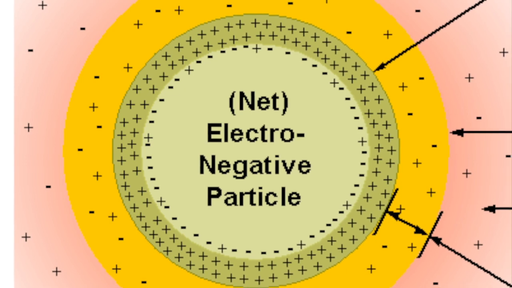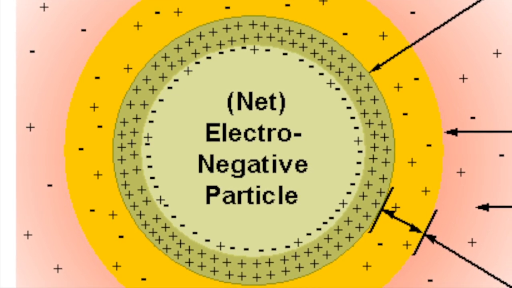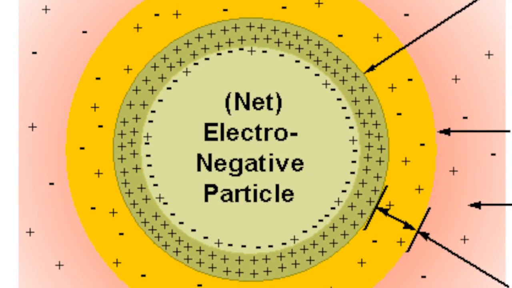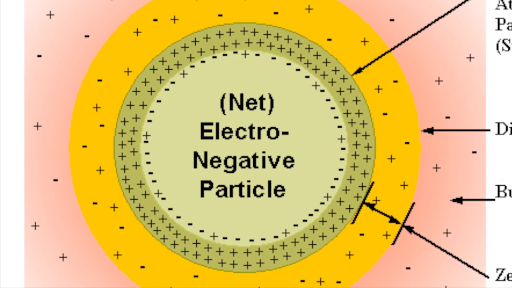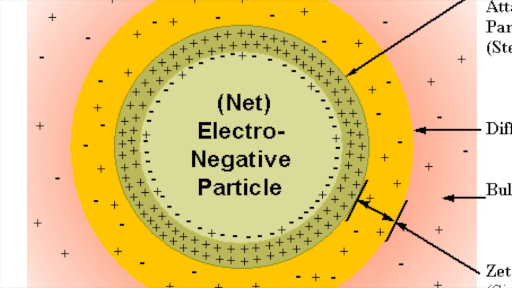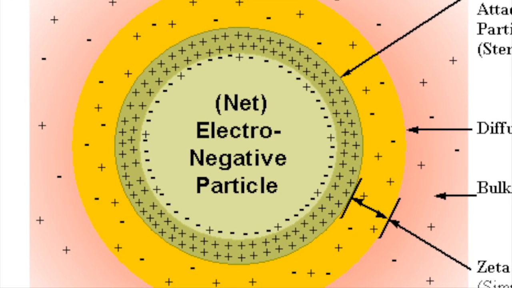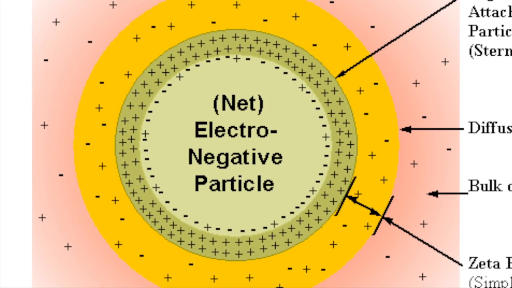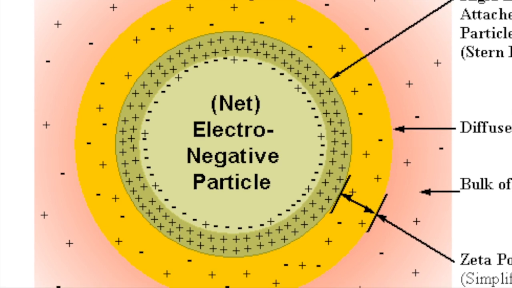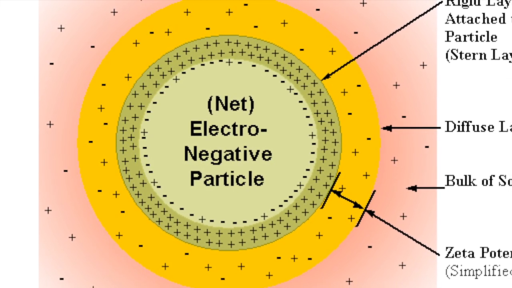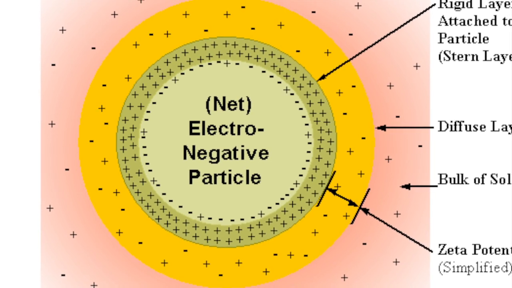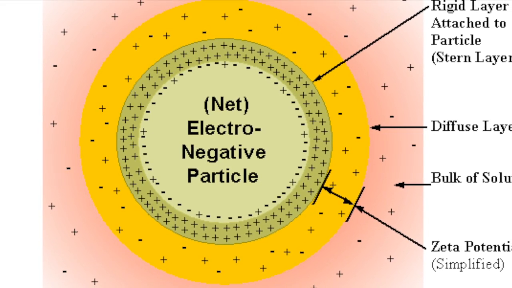Ions are electrically charged atoms or groups of atoms. Anions are negatively charged ions and are created through an electron gain, and cations are the positively charged ions created through an electron loss.